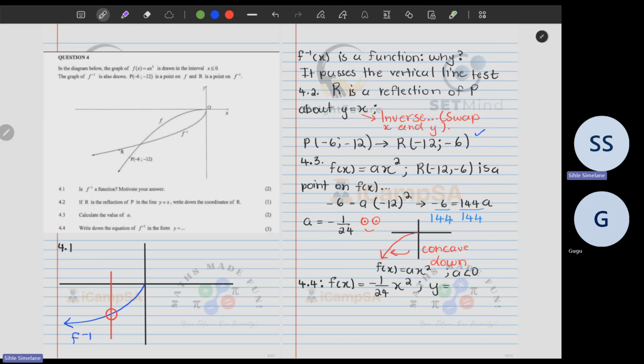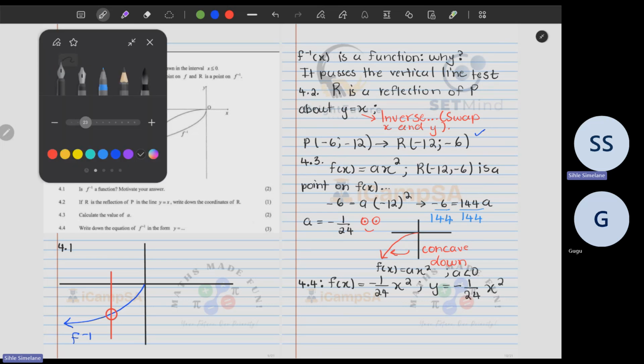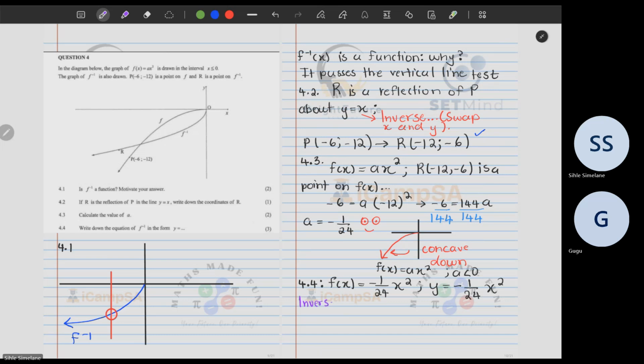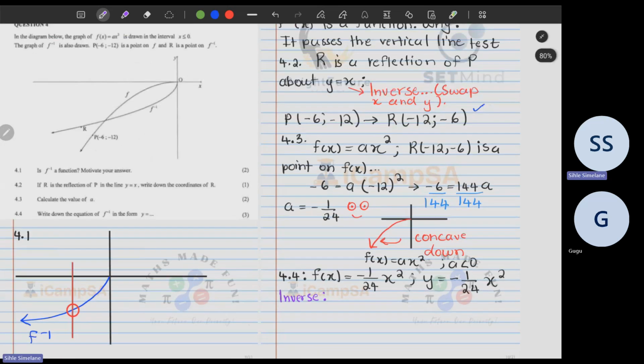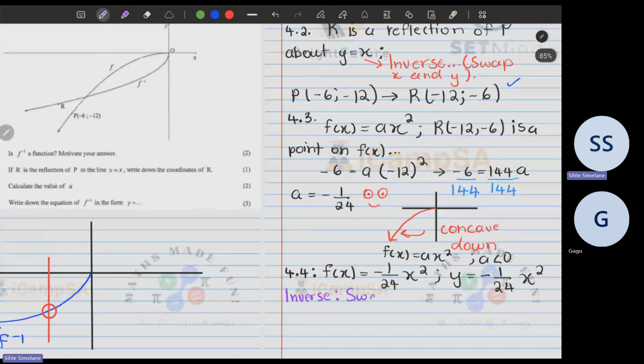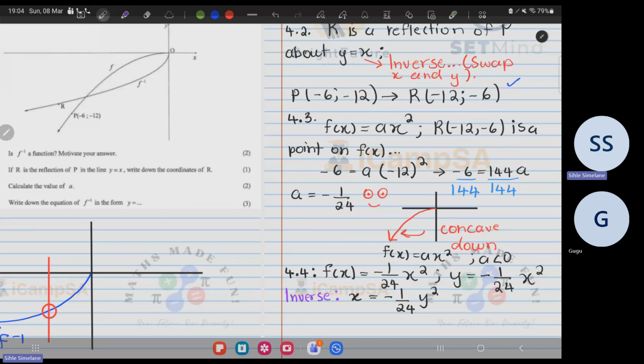So I'll just write it as y equals -1/24 x squared. For the inverse, what we are going to do is swap x and y. So we have x equals -1 divided by 24 times y squared.